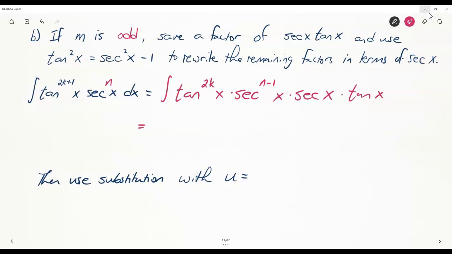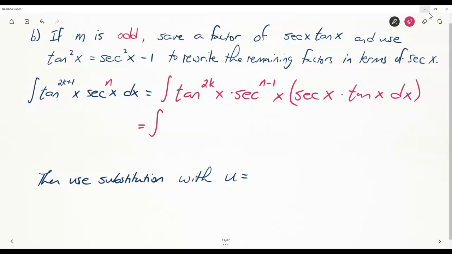Now that we have broken off secant x tangent of x, this portion right here, that is the derivative of secant of x. We're going to save that for our substitution. What I want to do is rewrite the rest of these tangents in terms of secant. So everything here will be in terms of secant, and I'll be able to make a substitution with u equal to secant of x.